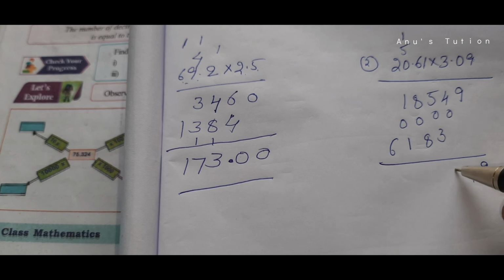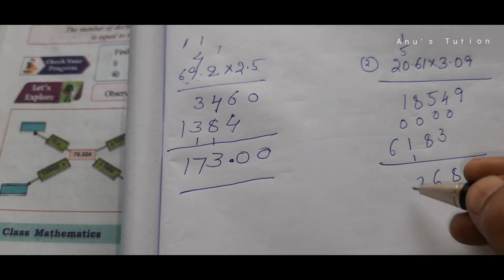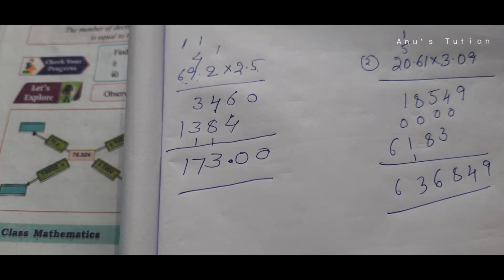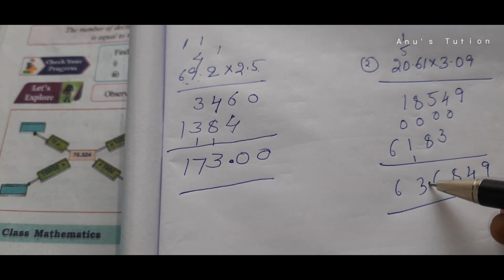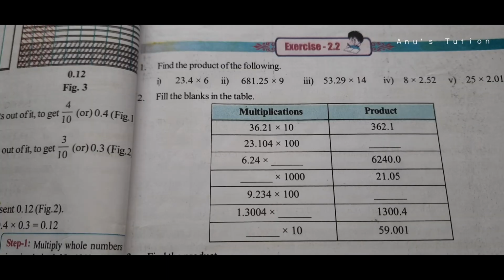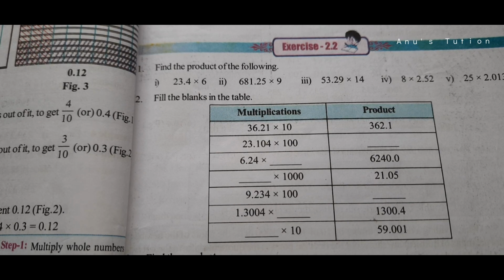Here 4 digits are there to the right of the decimal point: 1, 2, 3, 4. See here, this is the multiplication of two decimal numbers.